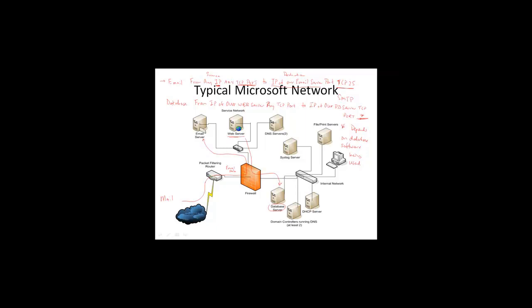So on this diagram, I give you an example of a couple of firewall rules, just written out in English. Now you'll have to translate this into the syntax of your particular firewall. And the firewall we're going to play with has a web-based management interface, and that's increasingly common.